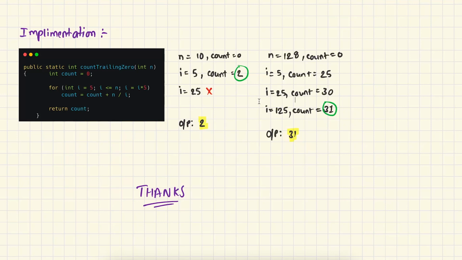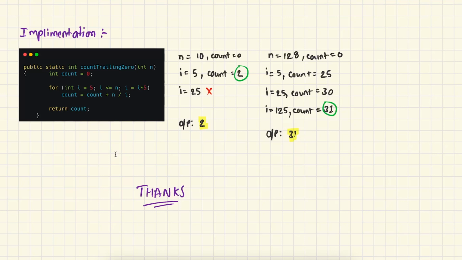In next iteration, the value of i becomes 125, and if we divide 128 by 125, we get 1. So 30 plus 1 is going to be 31. So the output of this input is 31. It means there are 31 trailing zeros in factorial of 128.